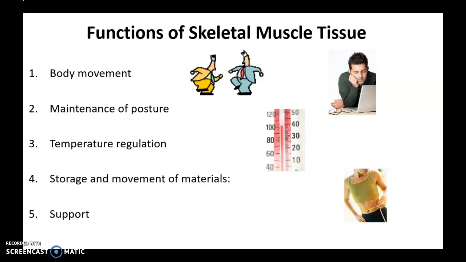There is a sphincter muscle called the upper esophageal sphincter, which is located on the superior part of the esophagus, and that regulates our swallowing, right? We swallow food down the esophagus into the stomach, and this is regulated by the upper esophageal sphincter muscle.